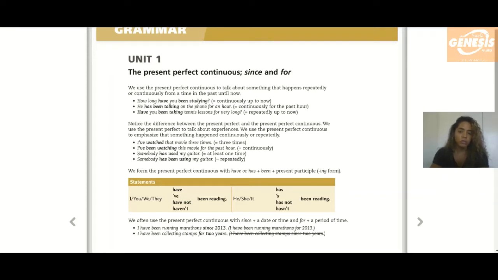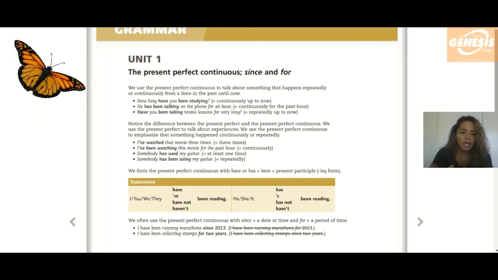So, I have been teaching English for 20 years. So this means that I never stopped. All right? I never stopped teaching. So it's something that keeps going.